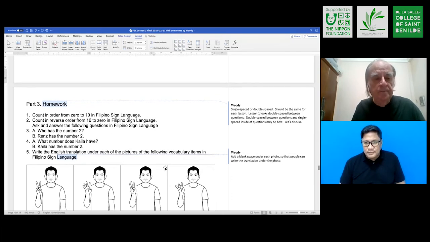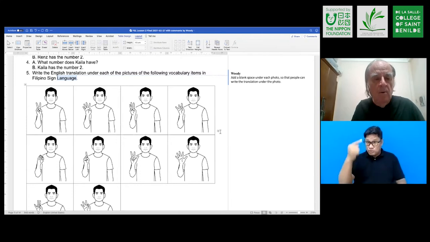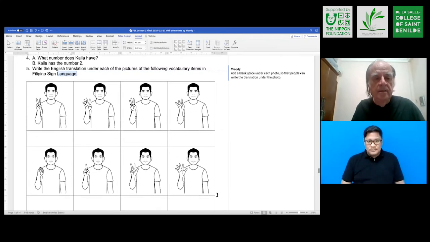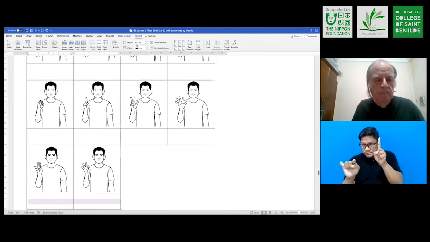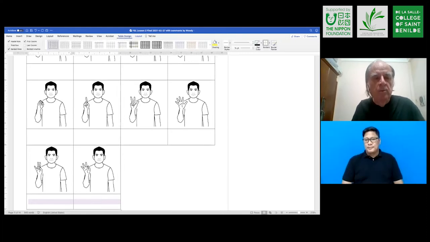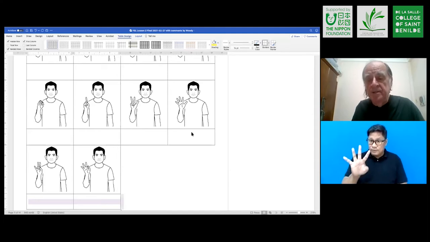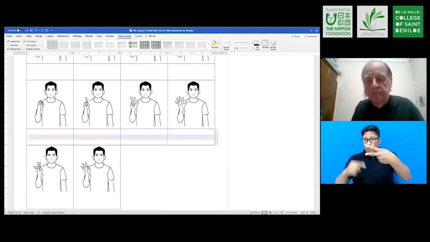What do you all think? Same as before, yeah. And then the space in between. But the ones before that, questions 1, 2, 3, 4, should there be a double space in between the question?